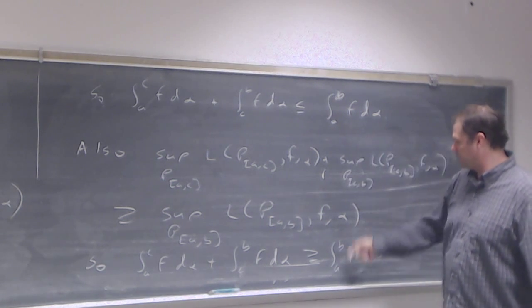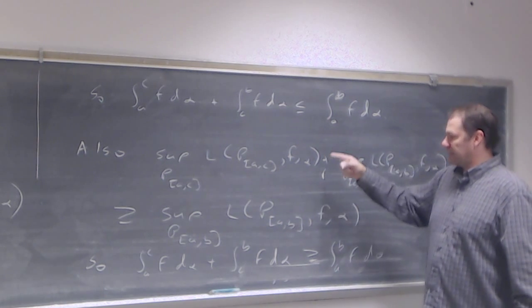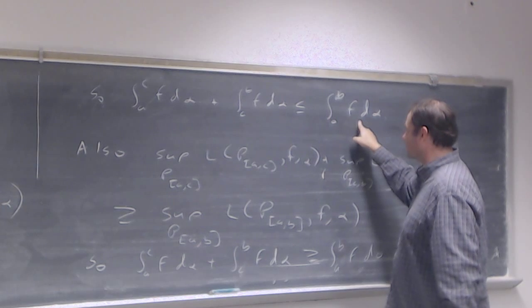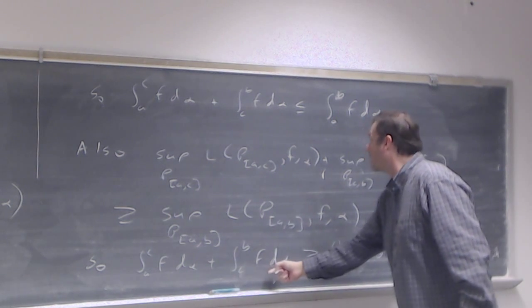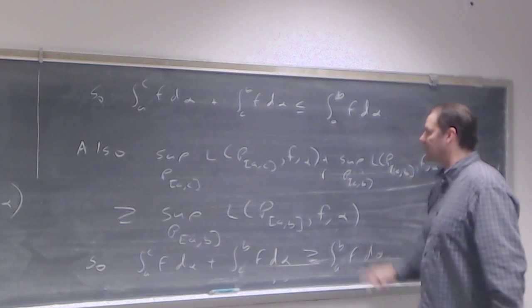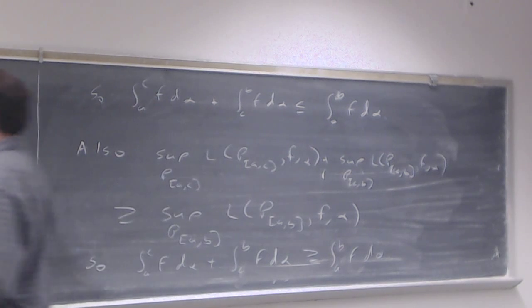Now look, if you look at these two inequalities, what they mean is, because the left-hand side is less than or equal to the right-hand side in one statement, and the left-hand side is bigger than or equal to the right-hand side in another statement, the only way that can happen is if they're the same. So that's what I'm going to write out.